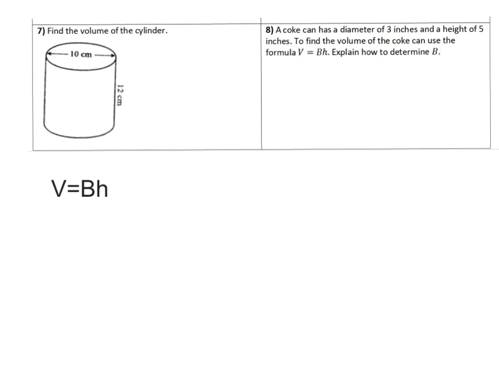Number 7, find the volume of the cylinder. Your formula is V equals big BH. The big B is the area of the base, and in this case, the base is a circle, so pi r squared. And the radius is half of what is shown in the picture. That's a picture of the diameter, so it's 5 squared times pi.